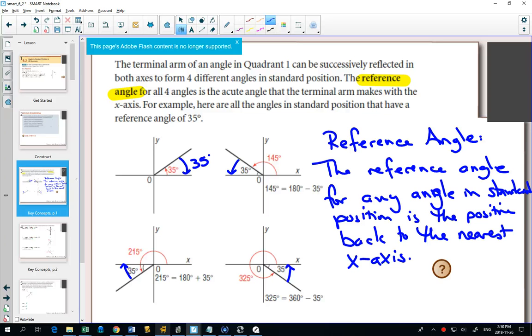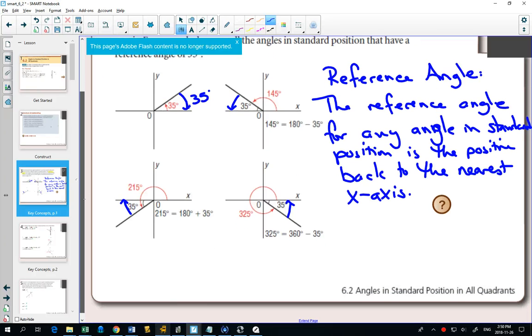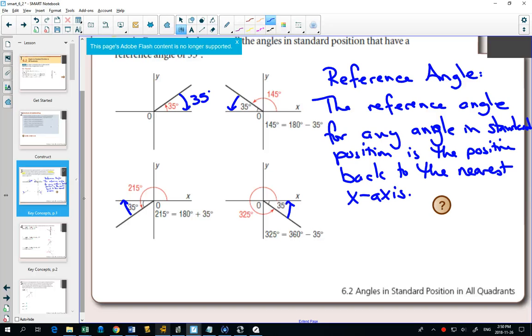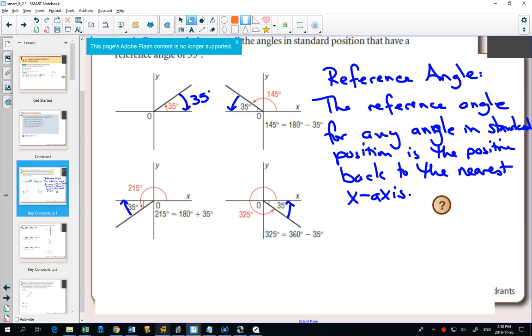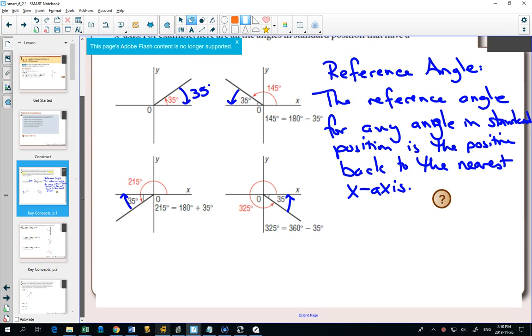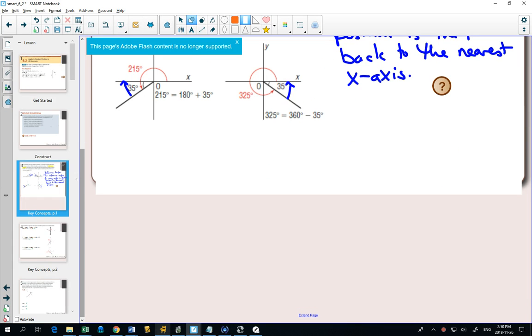So what we're going to do with each of these angles, we're going to take out our calculator. Let's split this up so it doesn't take as long. Rows 1 and 2, you're going to find sine of 35 degrees, three decimal places please, cos of 35 degrees, and tan of 35 degrees.